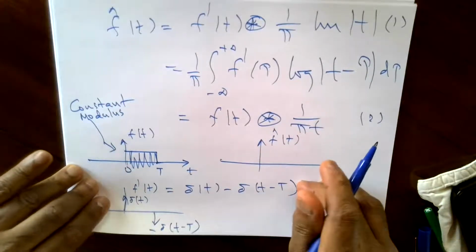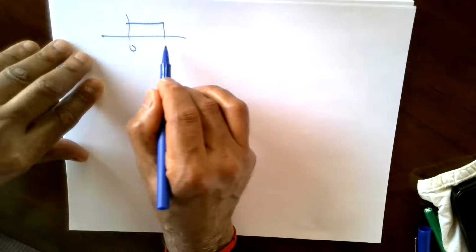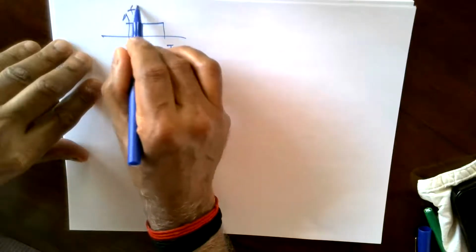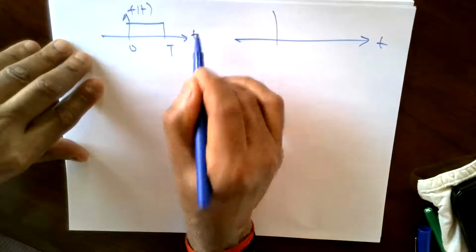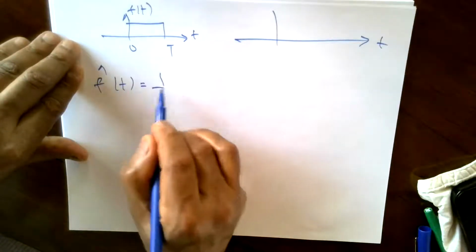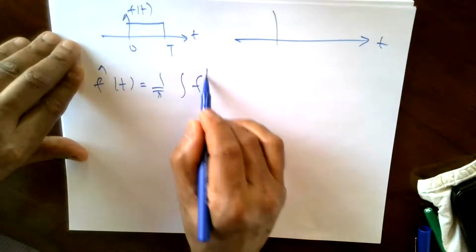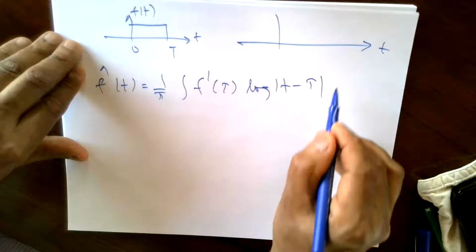So I'm going to plug it into this expression. If you have a pulse of length T, the question is, what is its Hilbert transform? So f hat of t is going to be 1 over pi f prime tau log of t minus tau d tau.